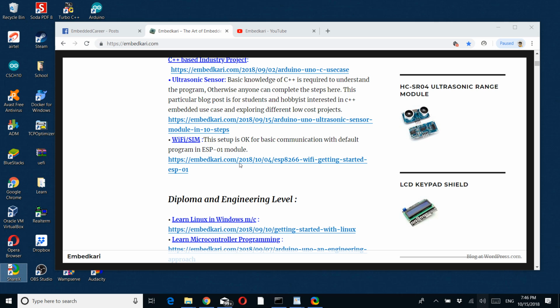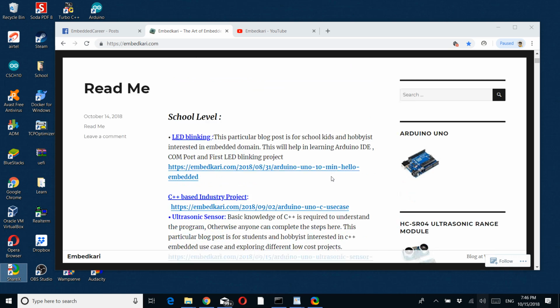The SIM module we use in a mobile phone, or this Wi-Fi based module, whatever I have used, uses some commands similar to the ones you sometimes send to your mobile service provider through SMS. Those are known as AT commands. So this is regarding the school level.